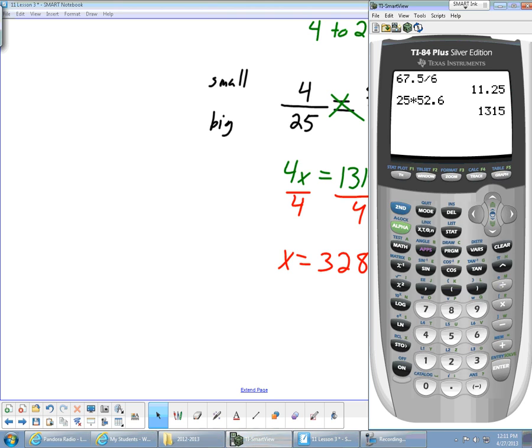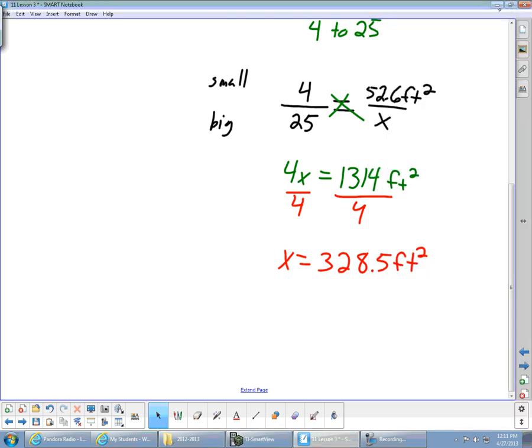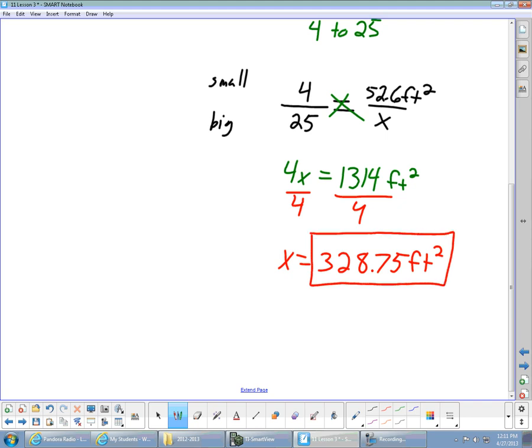So we're just dividing by 4. 328.75. Yeah, messed that up. Sorry about that. And that would be our final answer. And that is the area of our bigger hexagon.